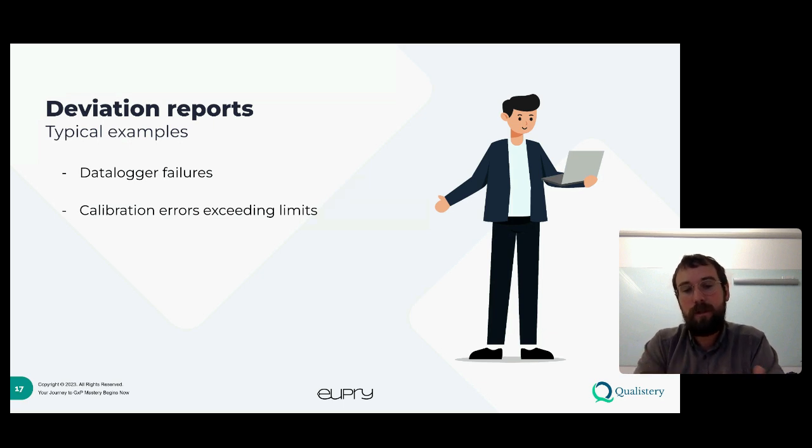Often when we're talking data logger calibrations, we'll have an MPE, a maximum permissible error, and we need to be able to identify if this is higher than we expected, and whether we should then account for that when making our conclusions. So often deviating calibration results are not a big deal. They just need to be considered when producing your recommendations and your conclusions.